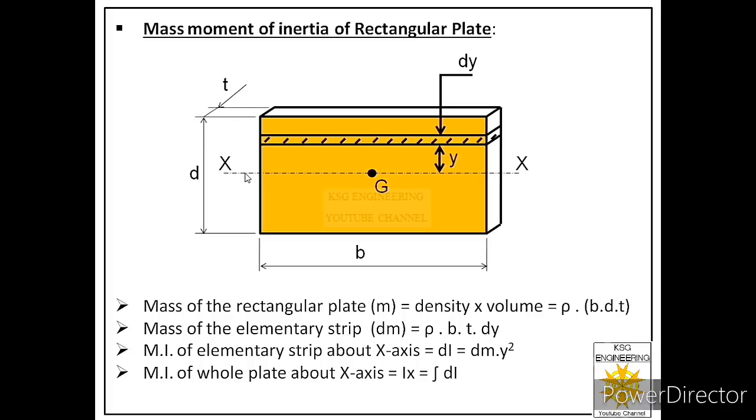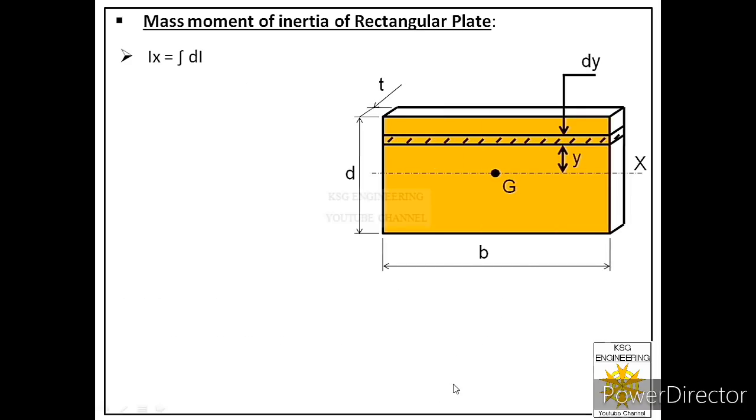So we have to cover this distance on both sides of the axis. So this will be minus d by 2, this will be d by 2. Let me write this value again. So Ix, that is the mass moment of inertia of the whole plate about the x-axis, is equal to the integration of the mass moment of inertia of the elementary strip about the main axis between the limits minus d by 2 to d by 2.